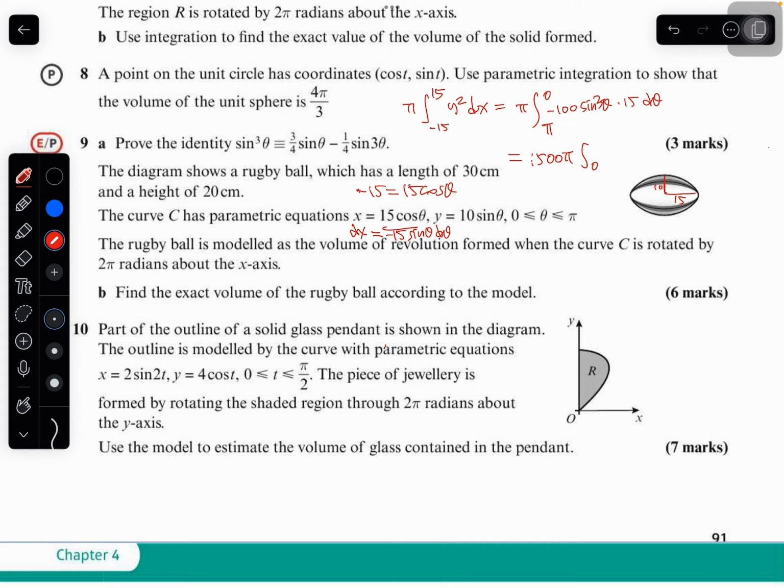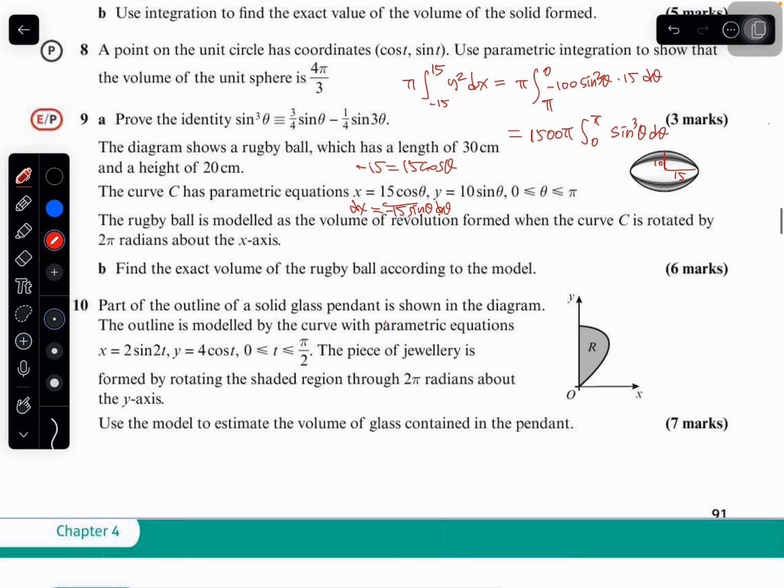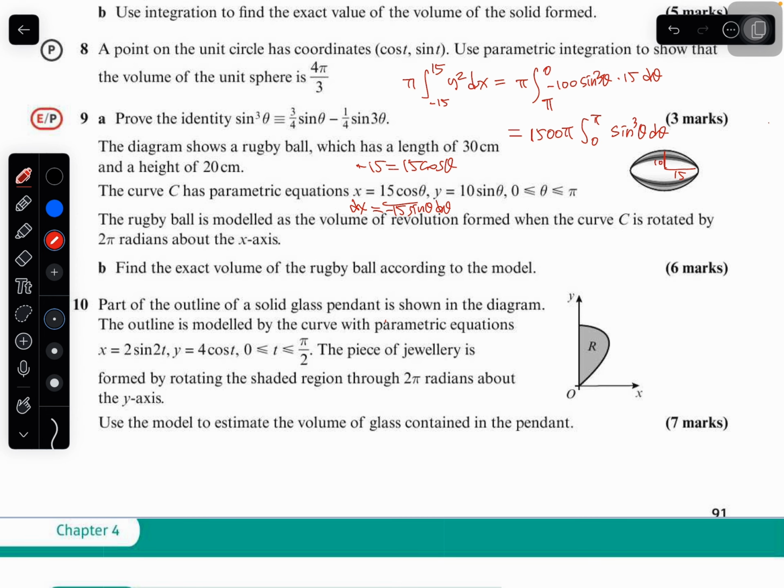So 1500 pi integral 0 to pi, because now we have minus, so we can change the boundary. So 1500 pi from 0 to pi sine cube of theta d theta. When sine has a cube like this, then we can separate it: 1500 pi 0 to pi sine theta and sine squared of theta d theta.